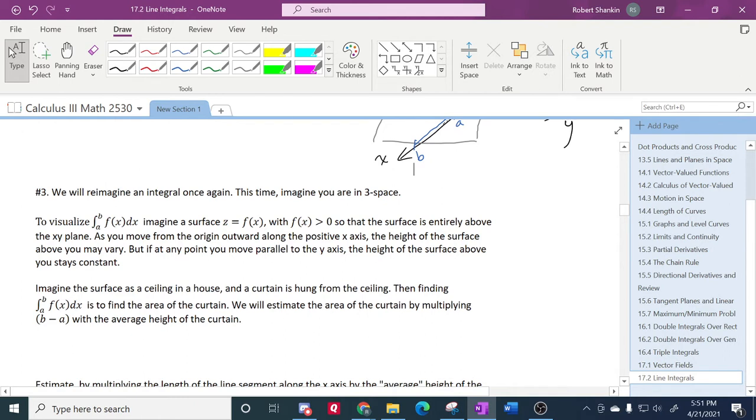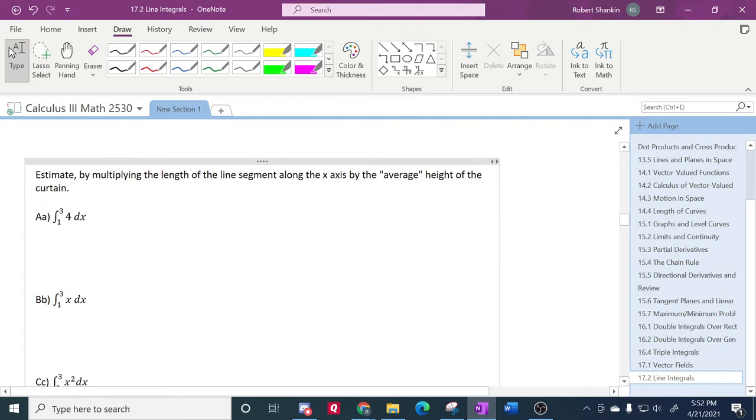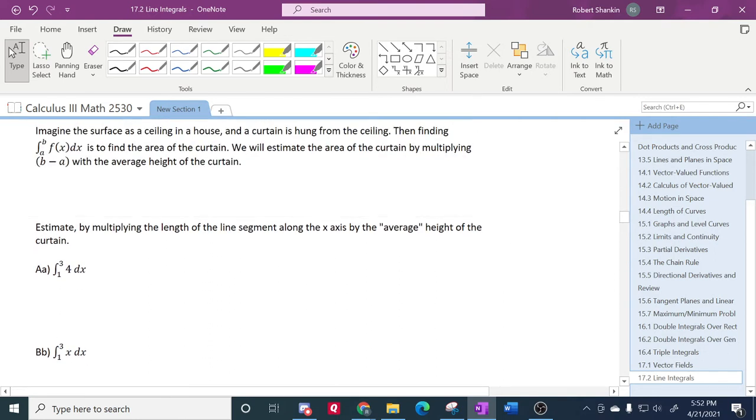Okay, so it's a different visualization. Nice, easy problems, again, but you just had to visualize it differently. Estimate by multiplying the length of the line segment along the x-axis by the average height of the curtain. And do this with, let's do the first two problems.